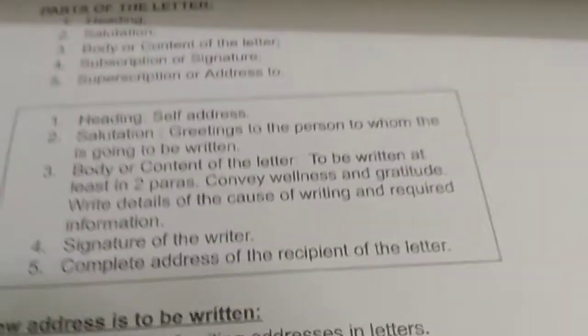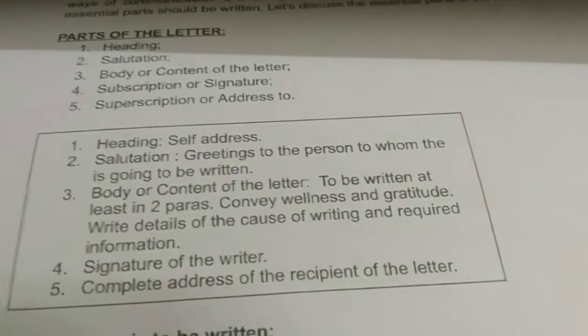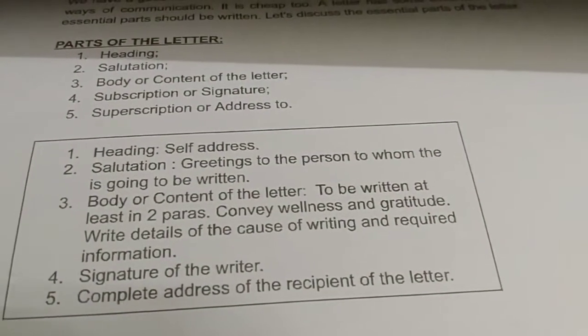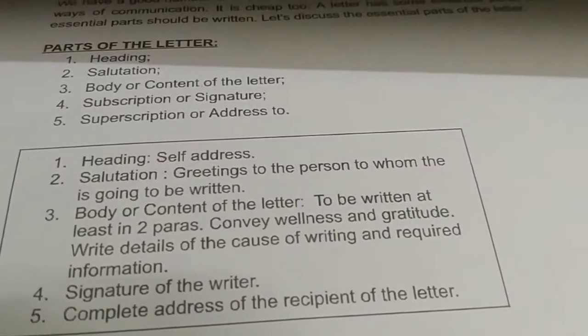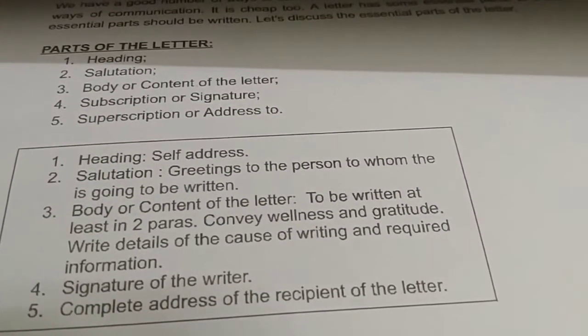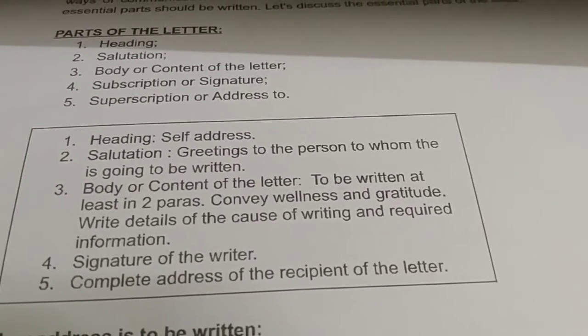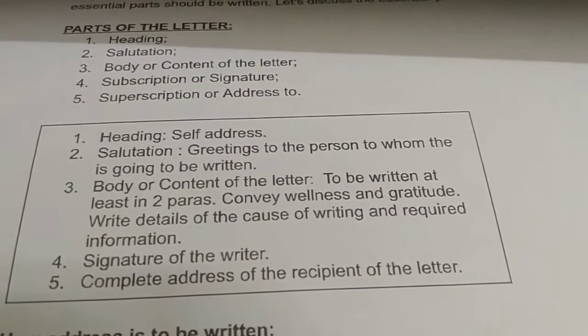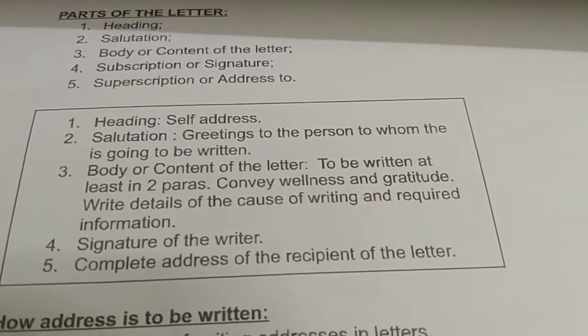And another important part of a letter is the address. There are 2 ways to write an address in letters. One is open-ended and the other is close-ended.